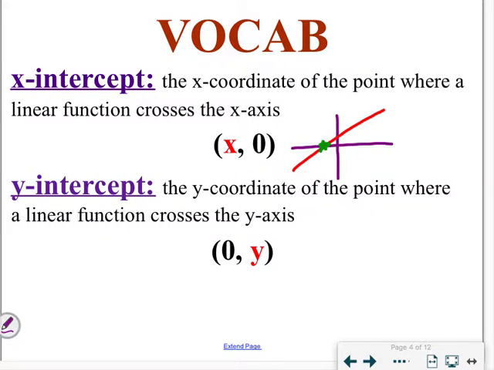Likewise, on the y, we're looking where it crosses the y-axis. So again, we have our line going through, and we are looking for the y-coordinate where it hits the y-axis. So those are going to be helpful to us while graphing.